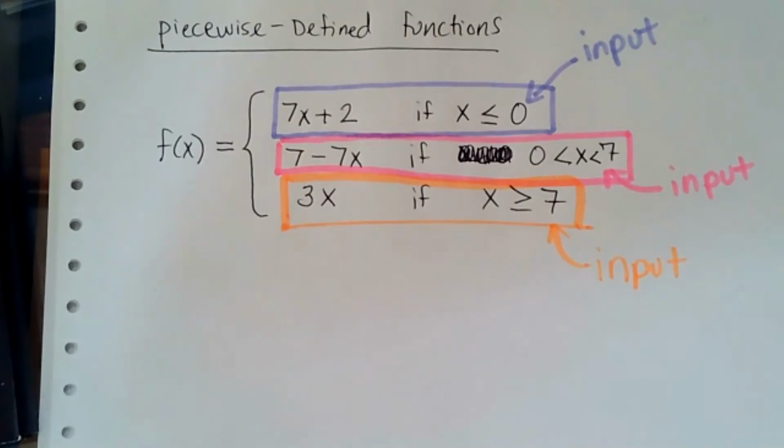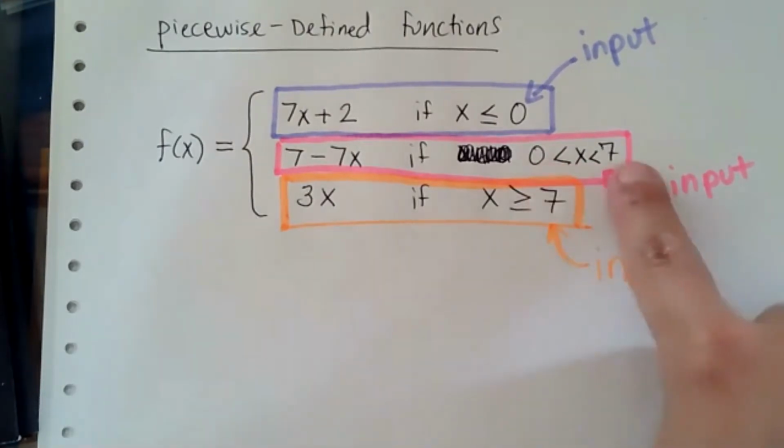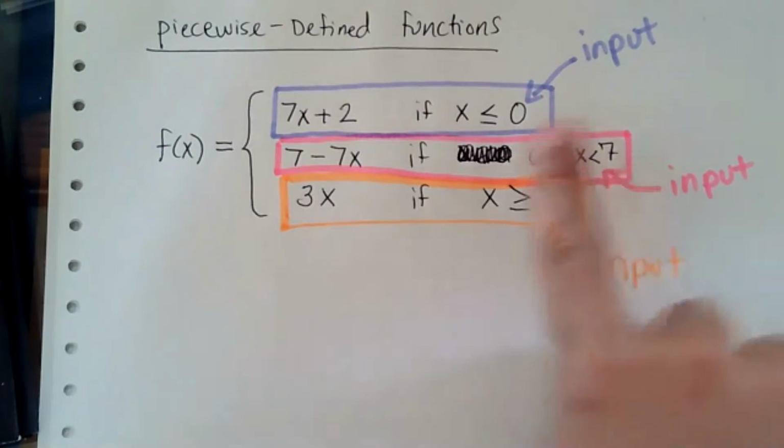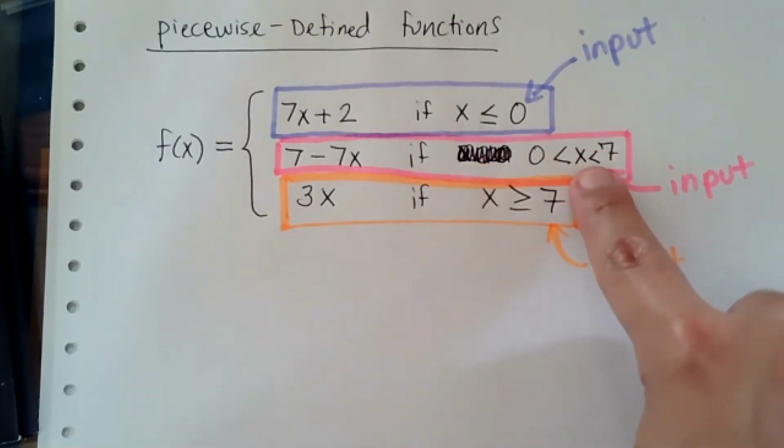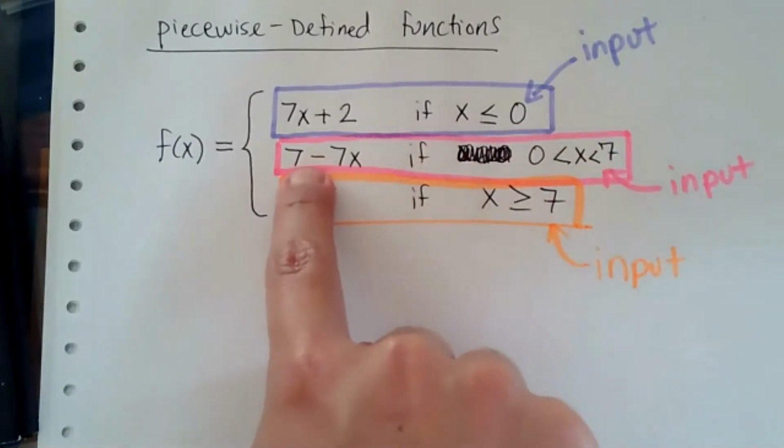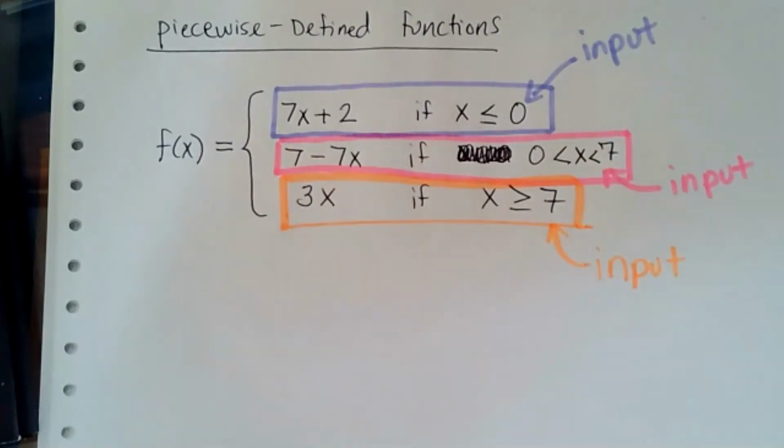If I choose an x value that is between 0 and 7, but not including 0 or 7, like if I chose an x value of 1, then I can use this equation to determine the output value. But I can only use one of these 3 equations, and I have to choose which equation based on what my input value is. Does that make sense?